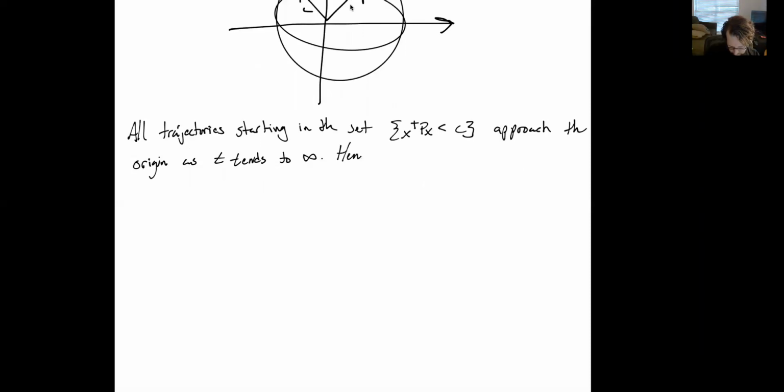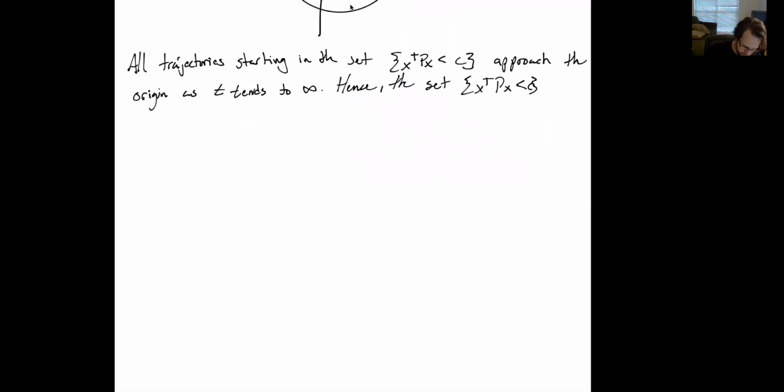And hence, this set of points, x transpose P x less than c, is a subset of the region of attraction. Let's say an estimate.